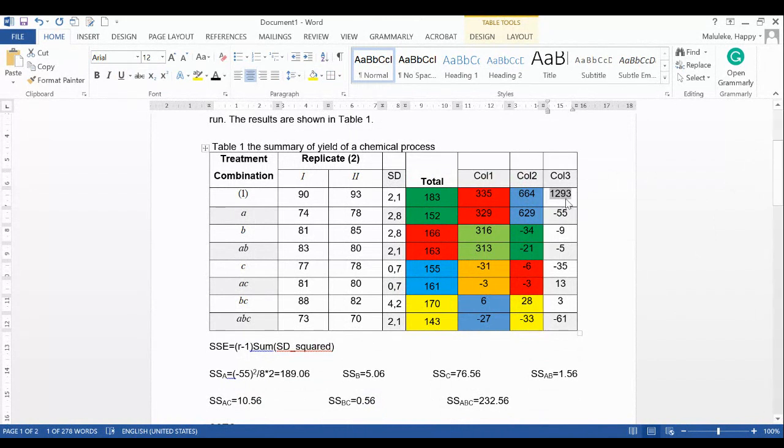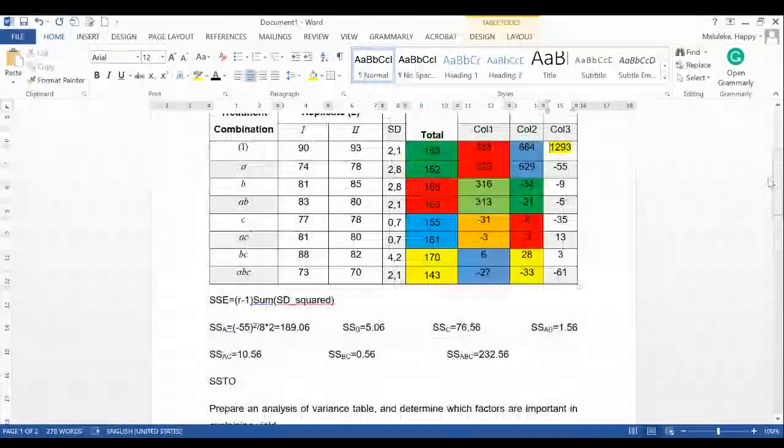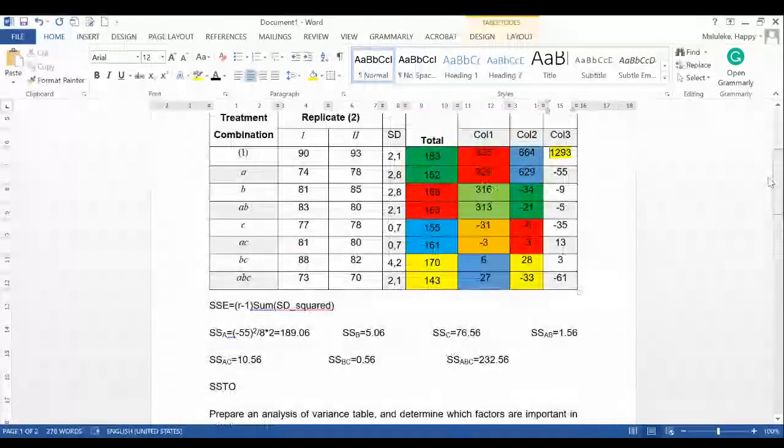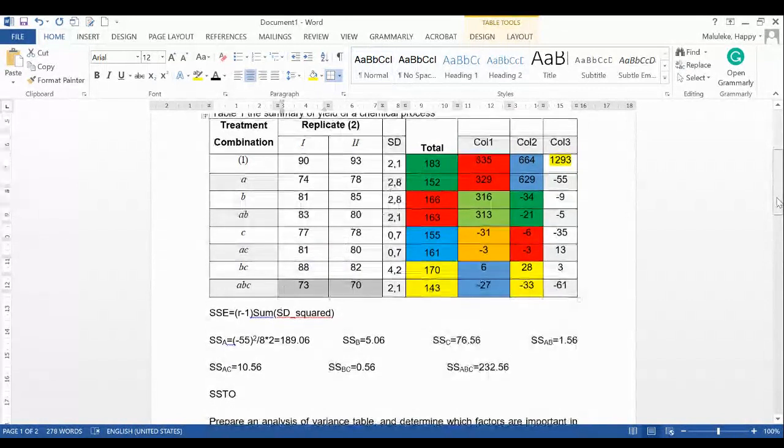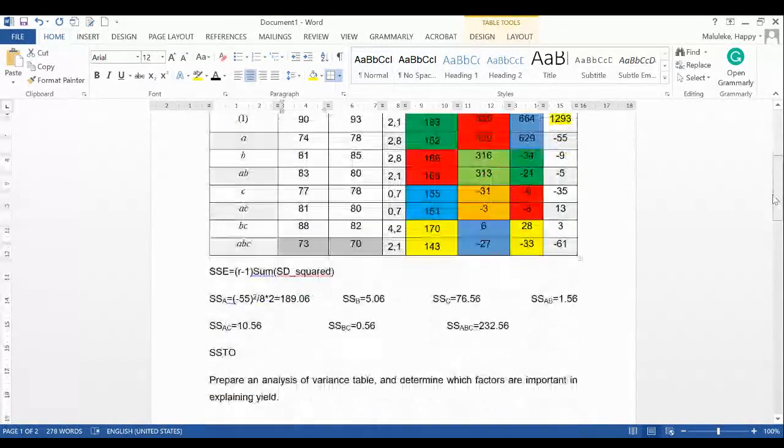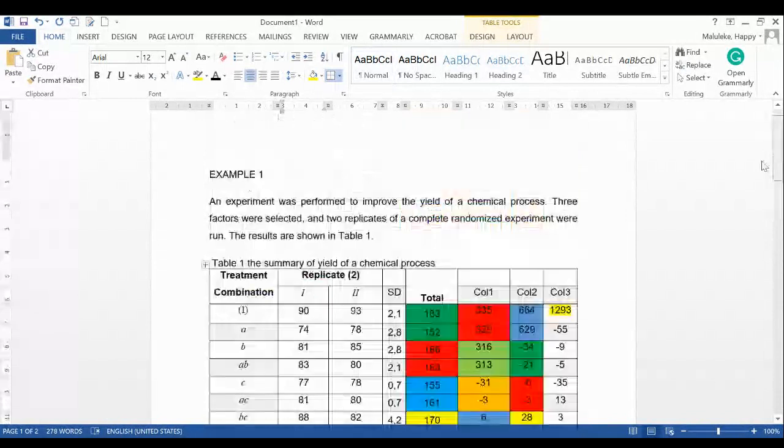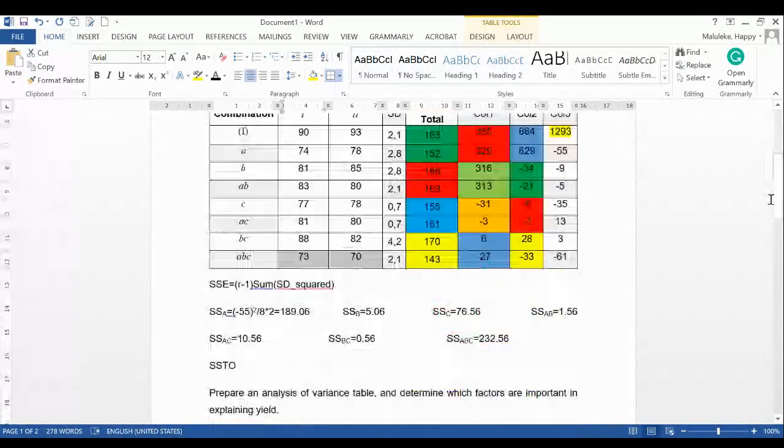Yes, the total here. This 1293 divided by 16. I think the values are 16 because we have 2 replications per se. So there's 16.